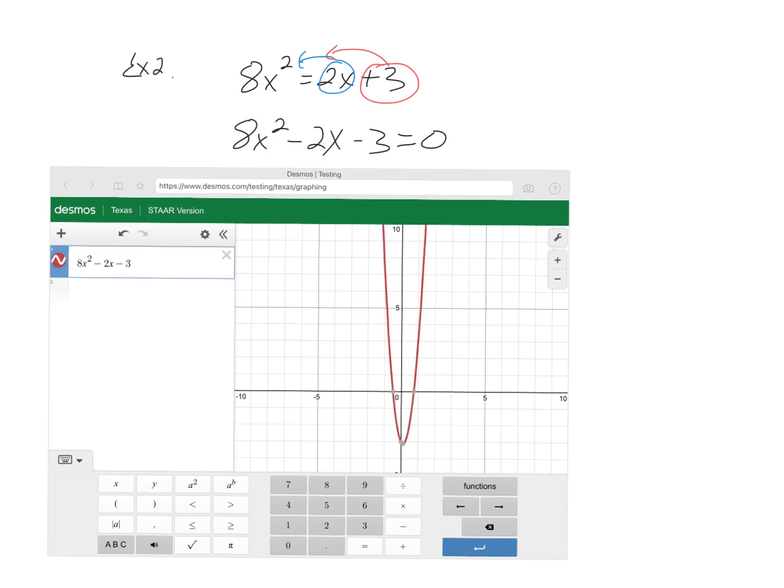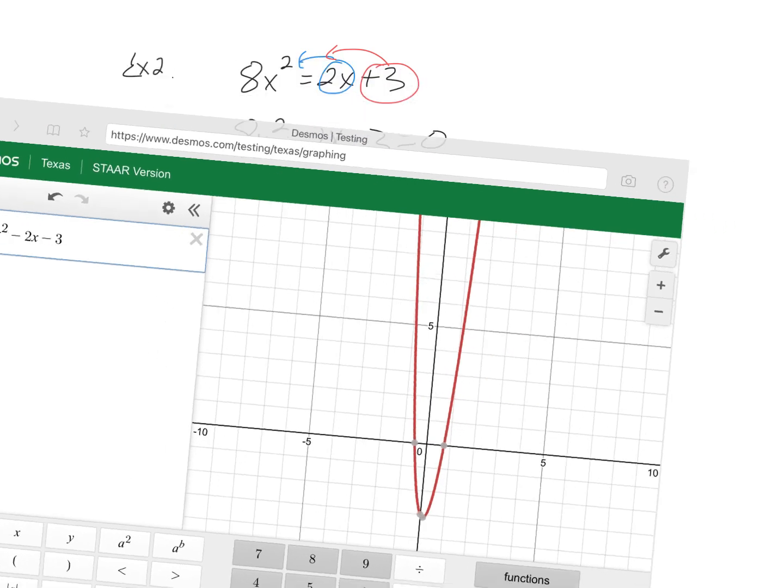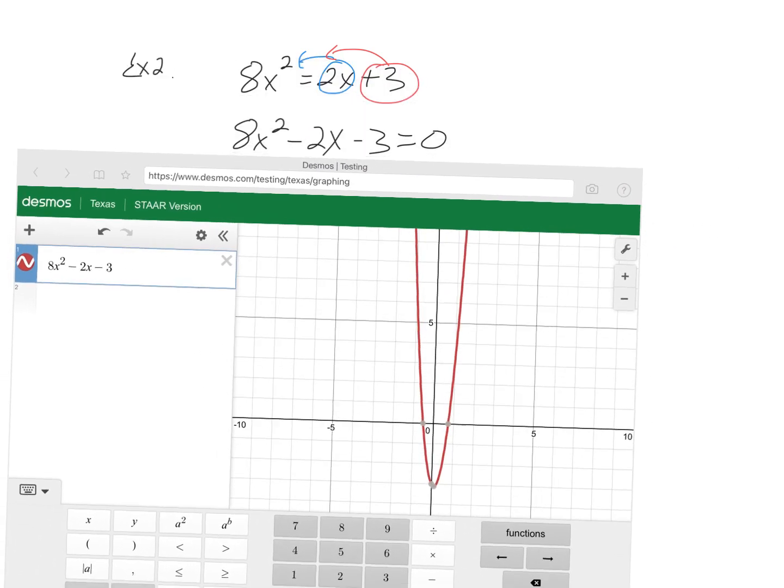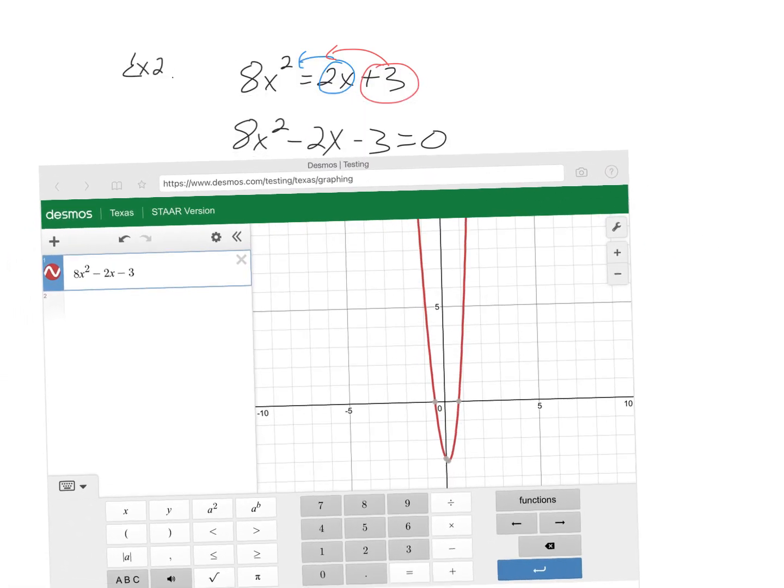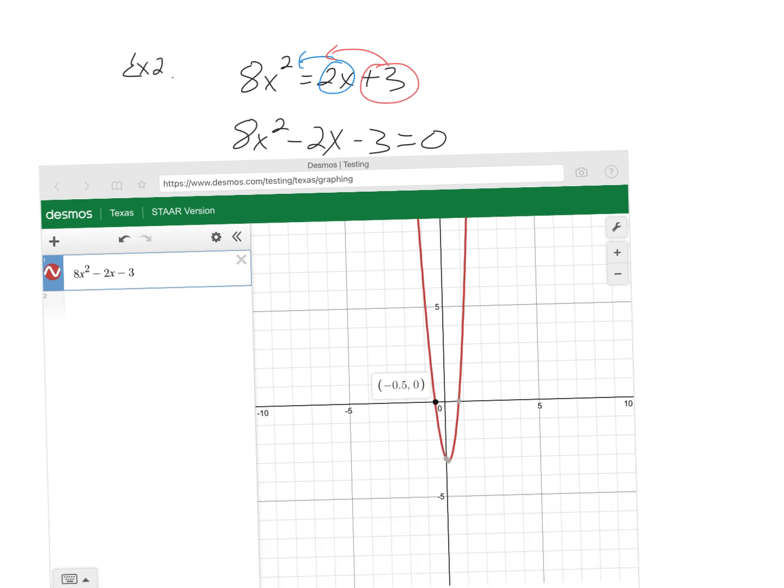You see it is graphed for us, and you can find the solutions here where it crosses the x-axis. Let me see if I can zoom in a little bit on that. It doesn't look like I can necessarily. It covers up my equation. But what we can do is press on this point here, and it tells us that one of the solutions is negative 0.5. You will probably see that oftentimes as a fraction, negative 1/2.